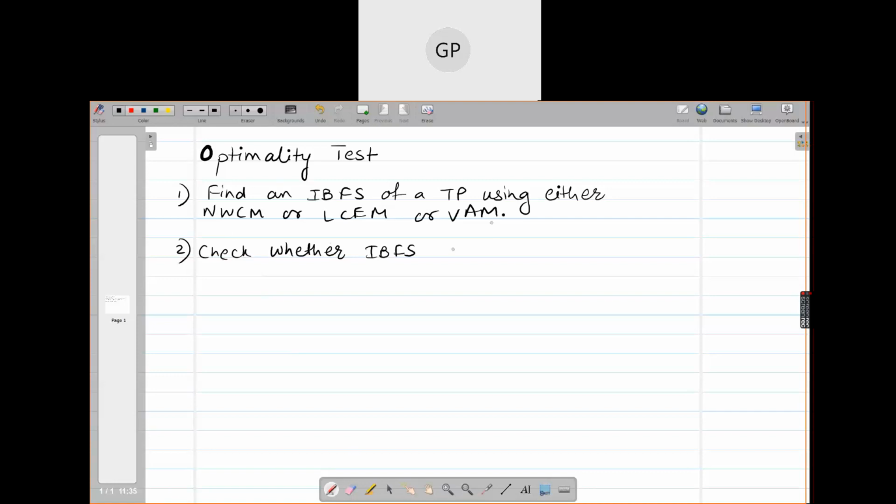Then check whether this IBFS is non-degenerate or not.